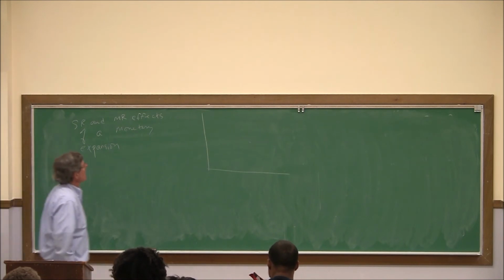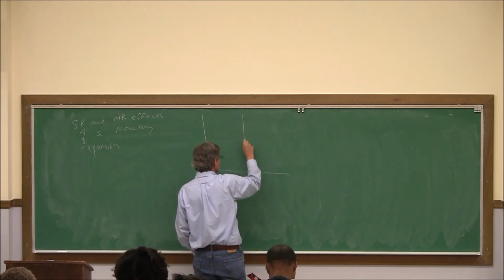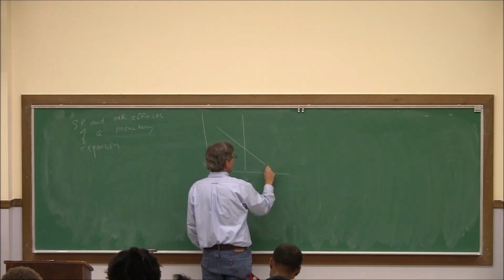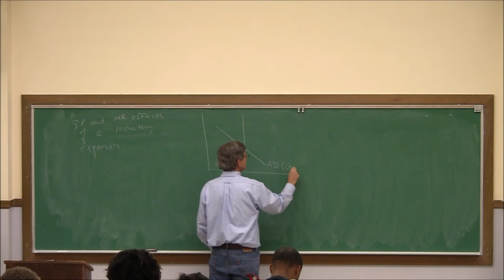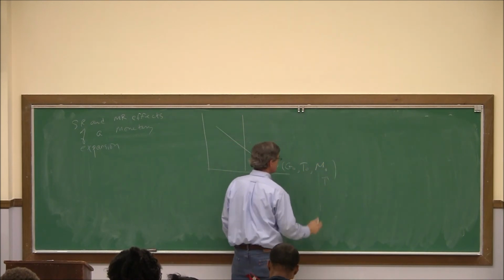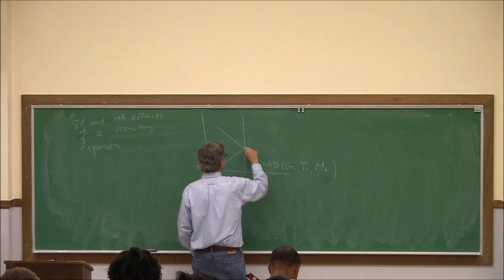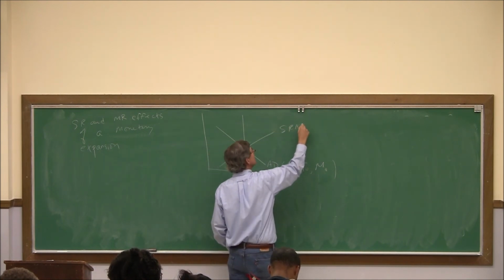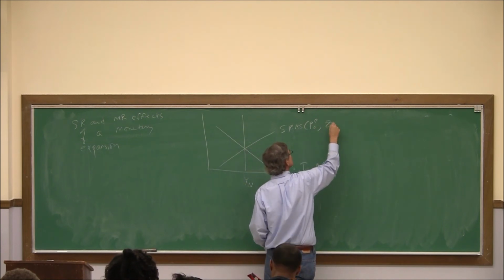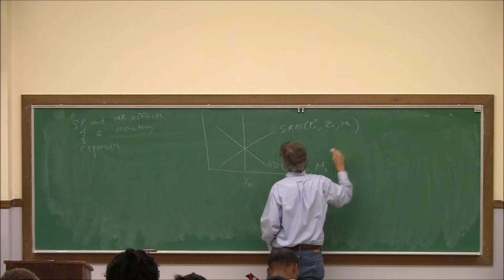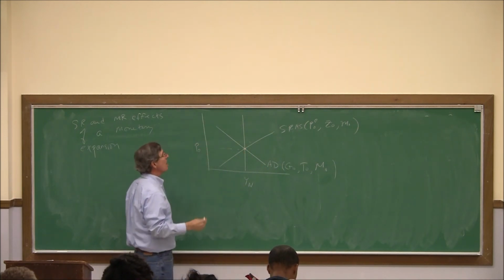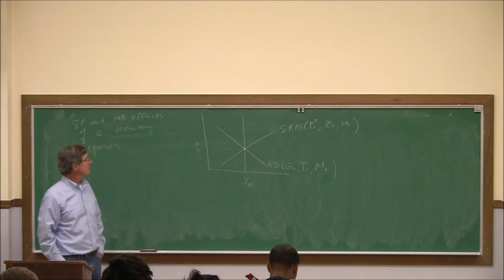So, let's start at the long run equilibrium. So A, B, G0, T0, M0, that's the thing we want to shock, is M. Expectations are initially correct, PE0, Z0, M0. This is actually P0. So we're at the long run equilibrium.